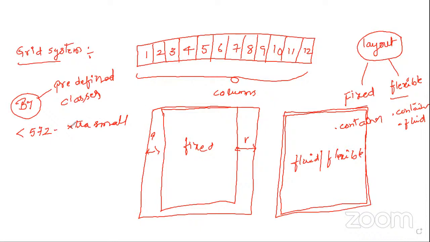Greater than 576 and lesser than 768, these are called small devices. The class name is col-sm.